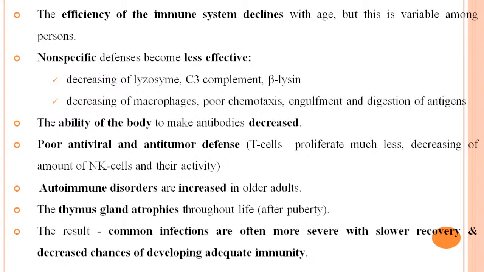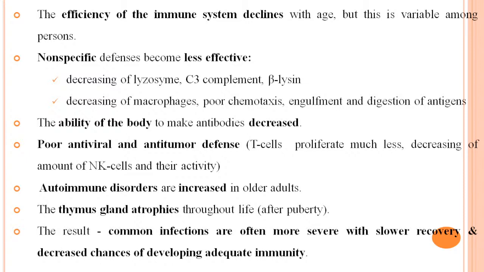What is the result of these processes in the immune system? Common infections are often more severe with slower recovery and decreased chances of developing adequate immunity. Elder patients are more sensitive or more susceptible to infections. These infections are more severe than in a young person.